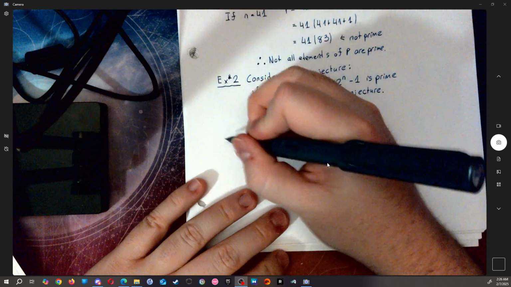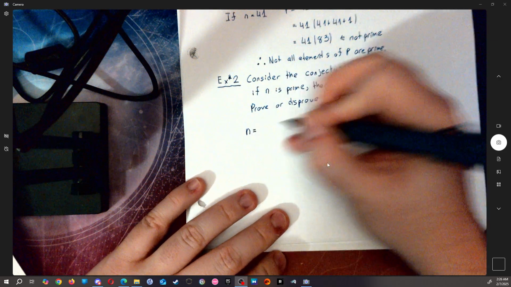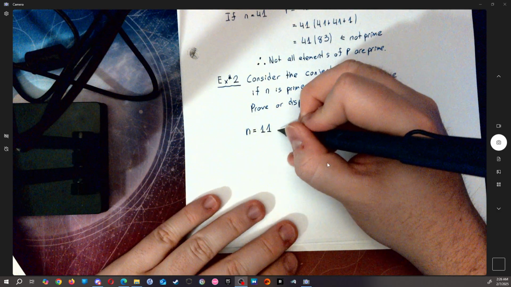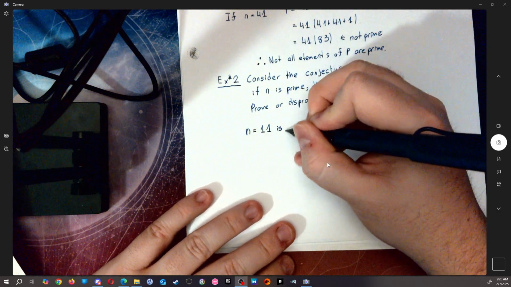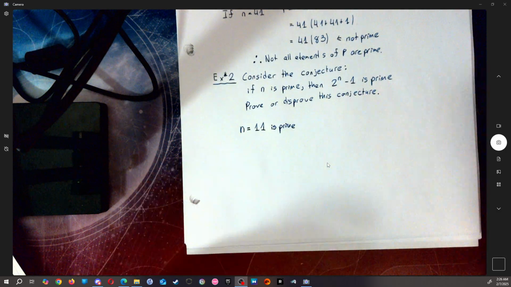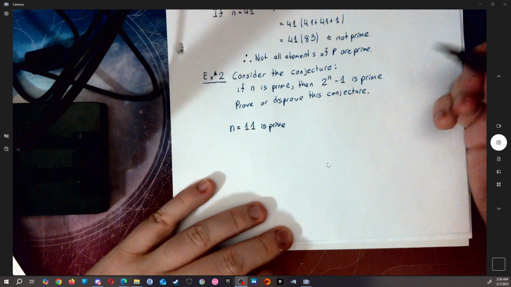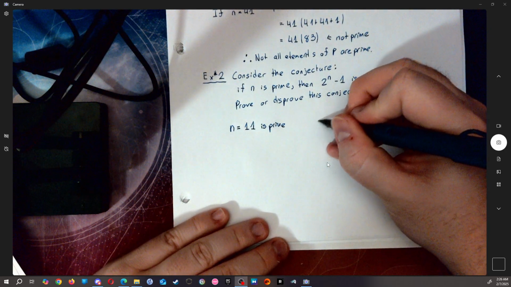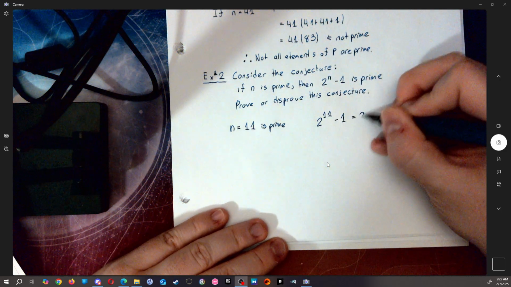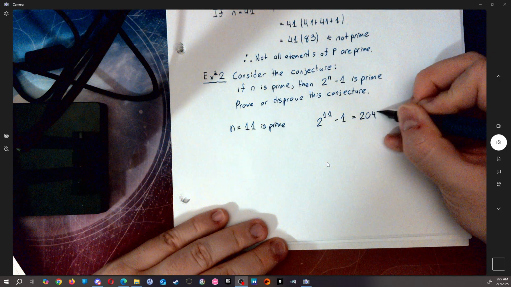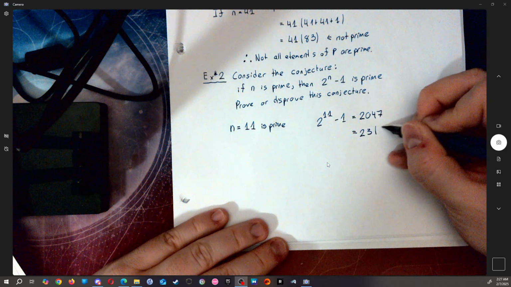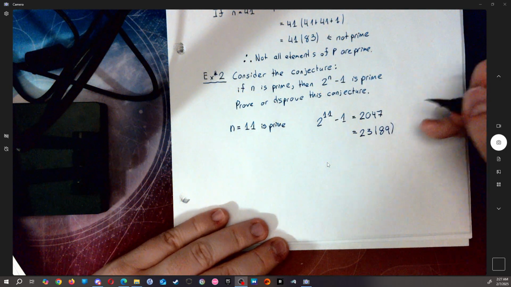So, I'm going to take my case where n is equal to 11, right? Because n is prime in this case, because I've chosen a prime number. But now, when I plug it in, let's see if it stays that way. So now when I plug this in, 2 to the power of 11, and then minus 1, I'm going to get 2047. And this is divisible by 23 and 89.